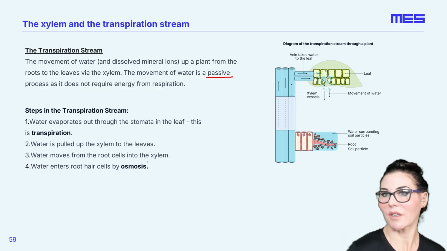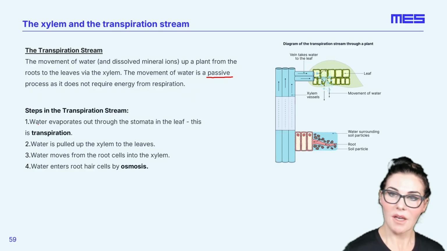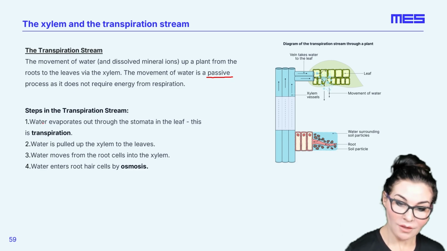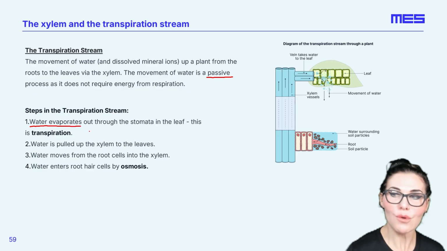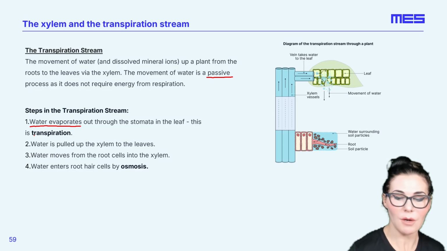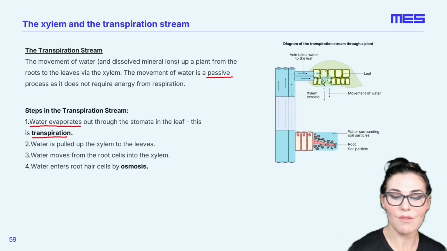How does it work? We always start with the leaf because this is what's driving the movement of the water upwards through the plant. When the stomata are open, so this is going to be in the day, water will have a tendency to evaporate through the stomata of the leaf into the atmosphere, and that process at the leaf surface is known as transpiration. Transpiration is the evaporation of water from the leaf surface.